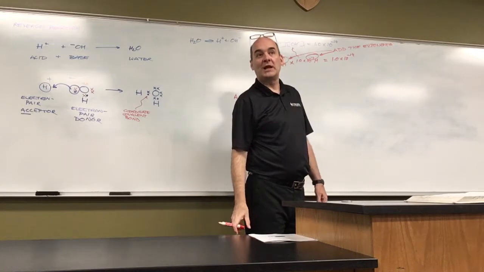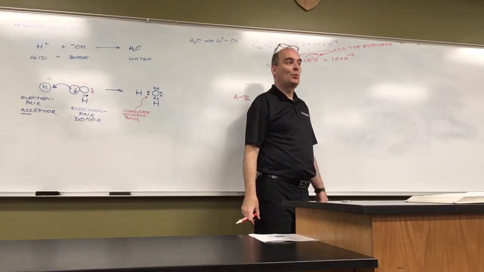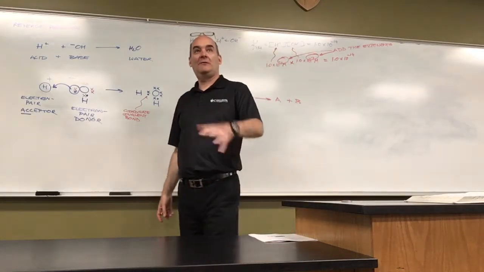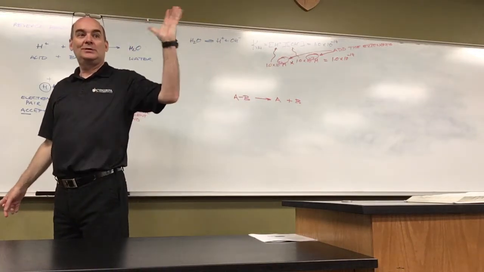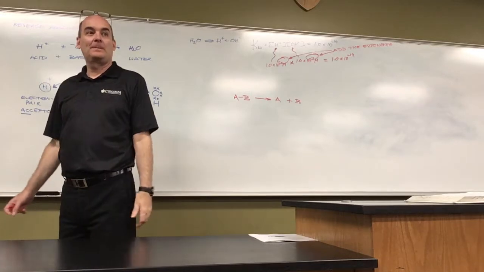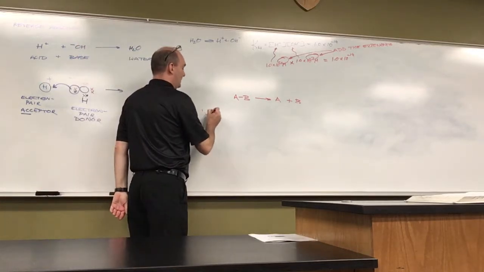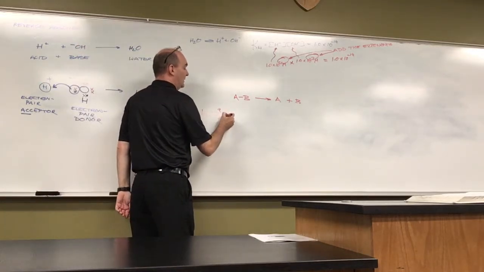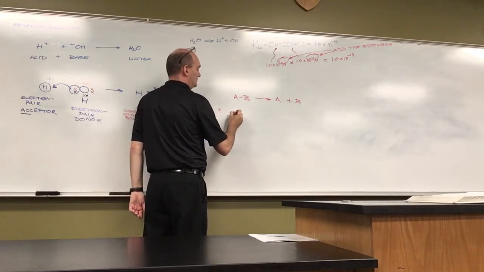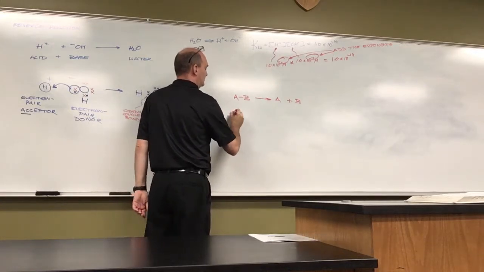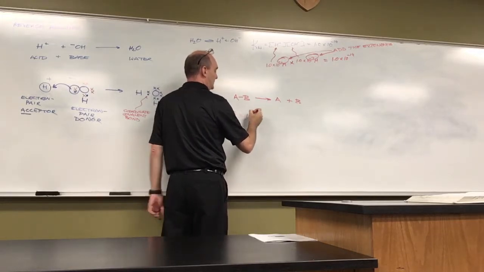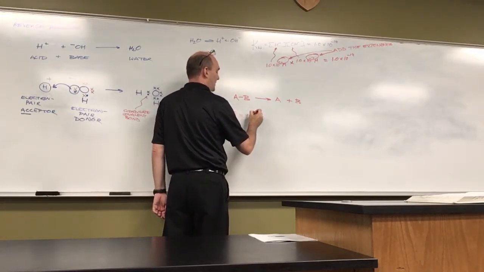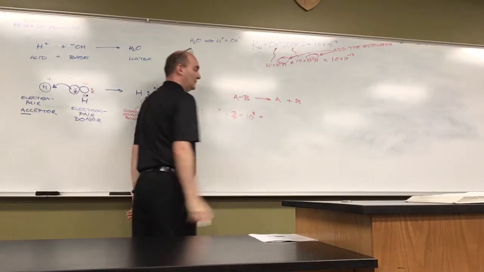So 1 times 10 to the 3 times 1 times 10 to the 14 equals 1 times 10 to the 17. 1 times 10 to the 9 times 2 times 10 to the 8 equals.